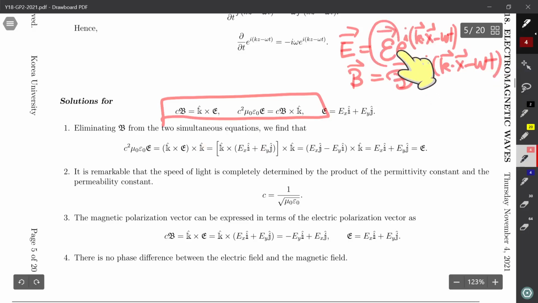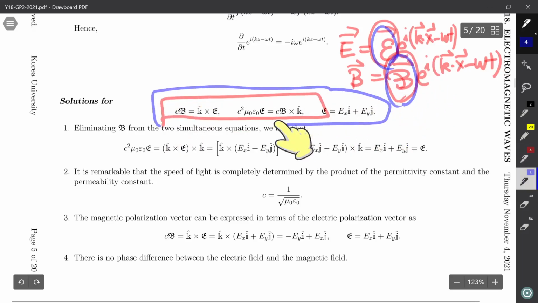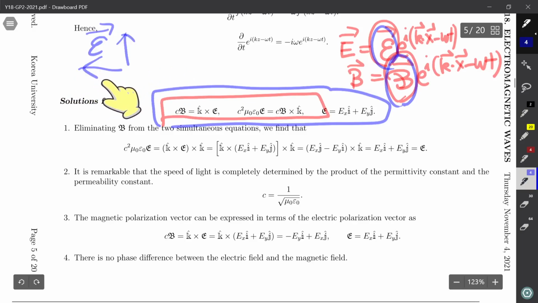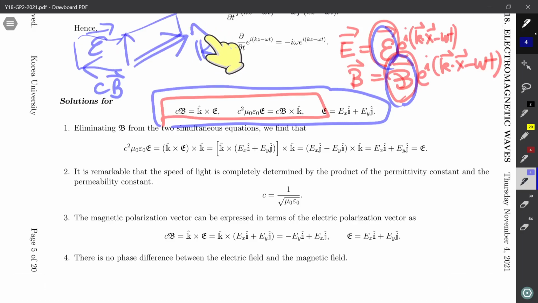And these amplitudes satisfy the following equation. Because electric field and C times magnetic field, they are all perpendicular to the direction of propagation.